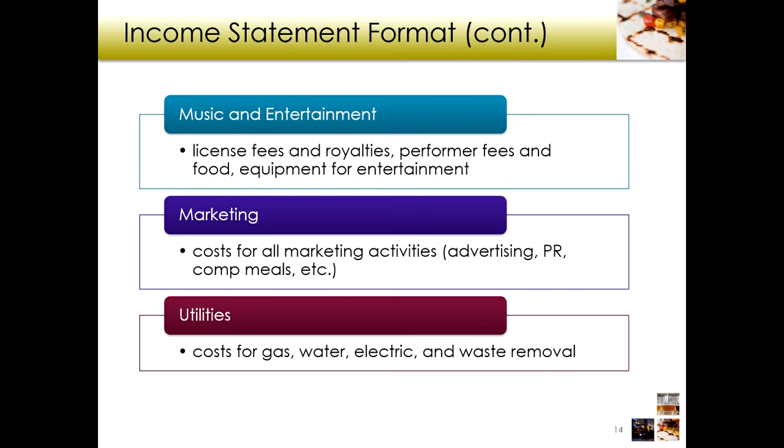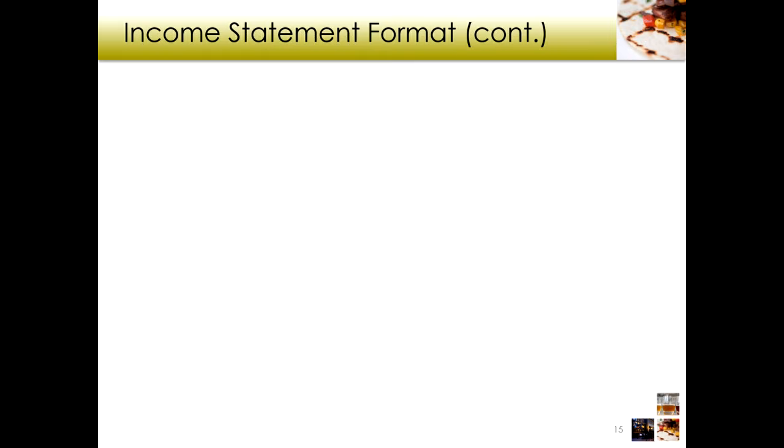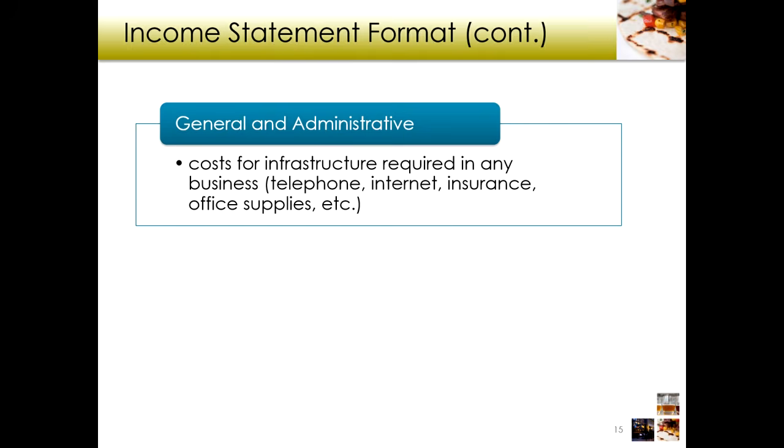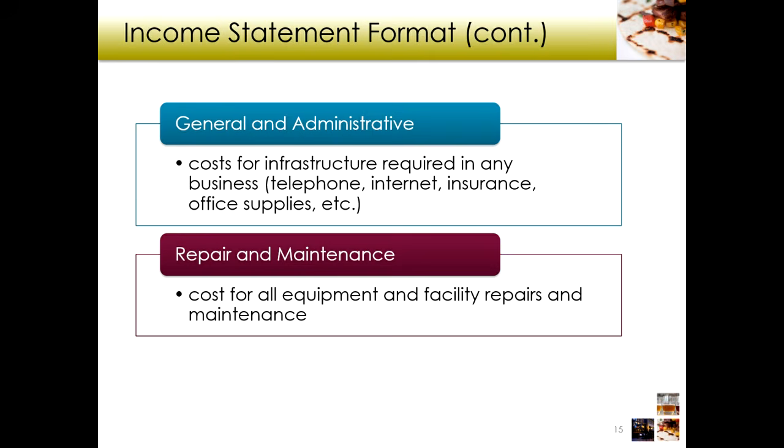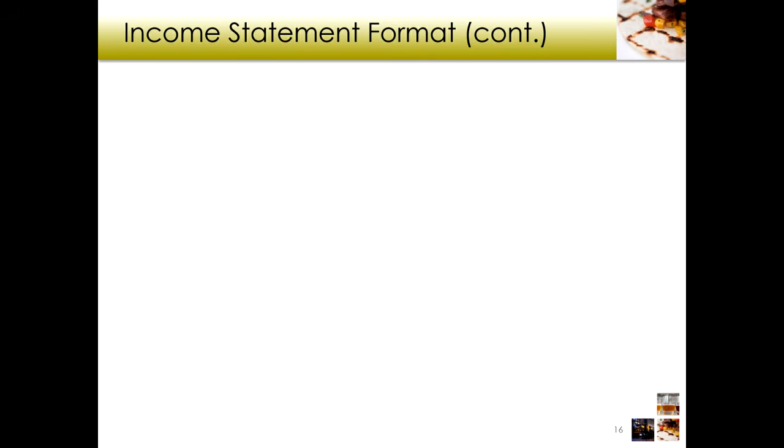We're going to have marketing costs. We're going to have utilities costs, so gas, water, electricity, general and administrative costs, so cost for accounting, telephone, internet, insurance, repairs and maintenance, so cost to repair our equipment and things like that, right?